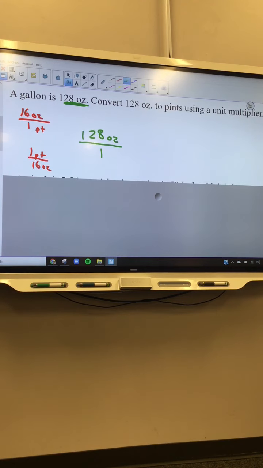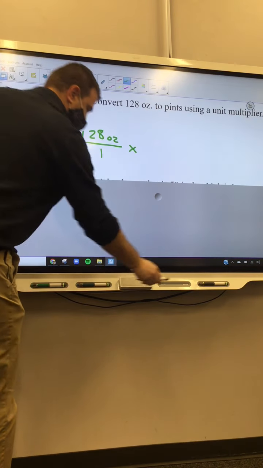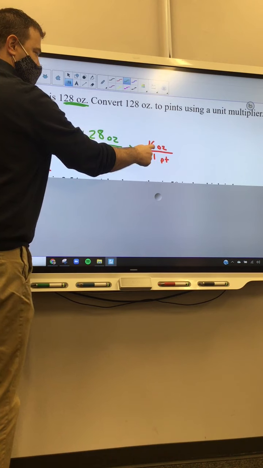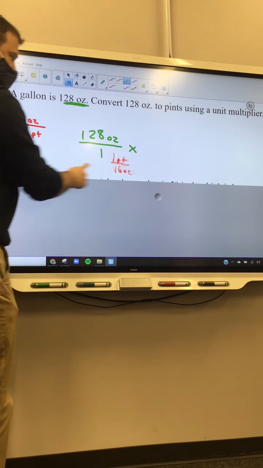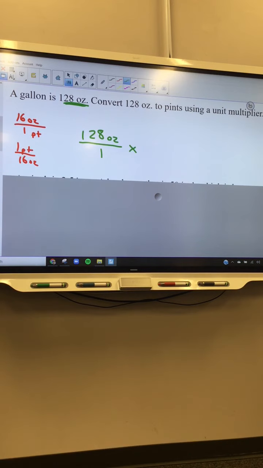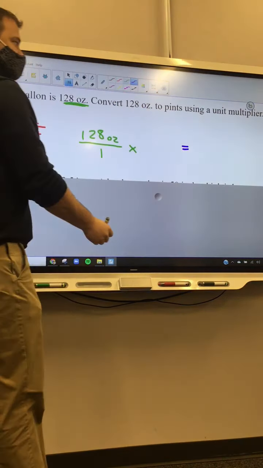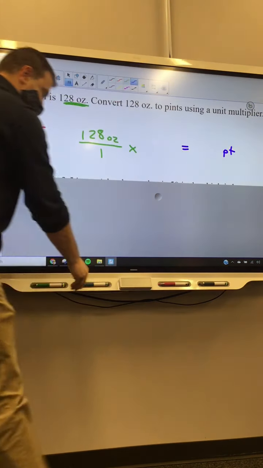Because then we can think about just multiplying fractions, and I think it becomes a little bit easier that way. Okay, so I am going to multiply this by either this unit multiplier or this unit multiplier. And what we're trying to do is to multiply by one of those things so that we get an answer that's listed in pints, not ounces anymore.